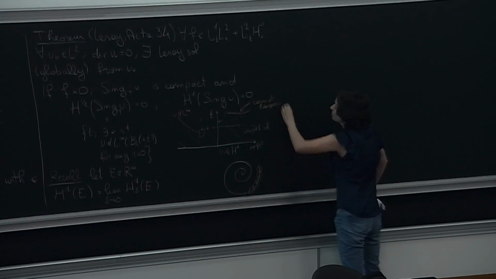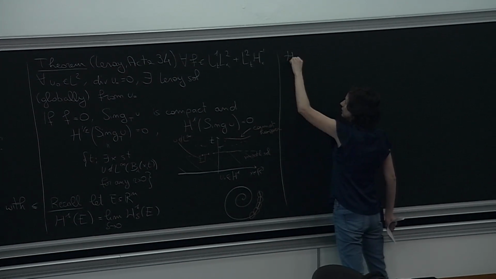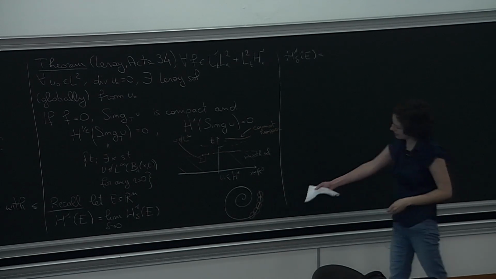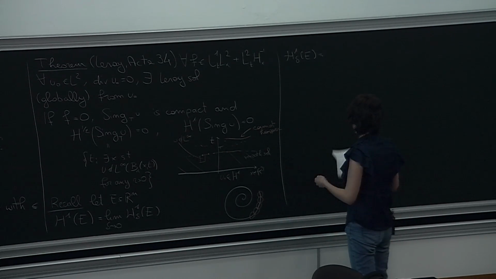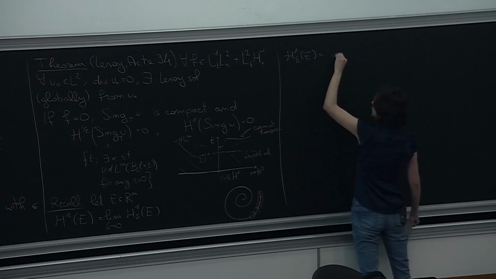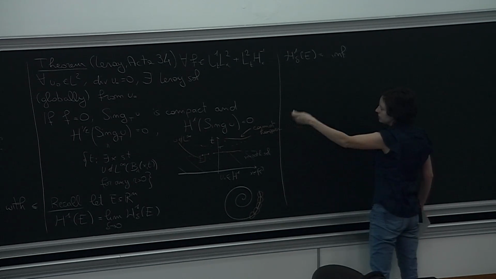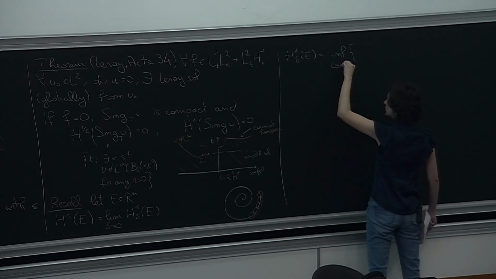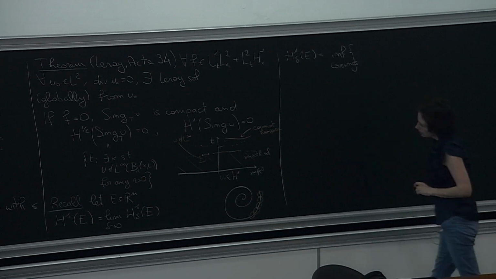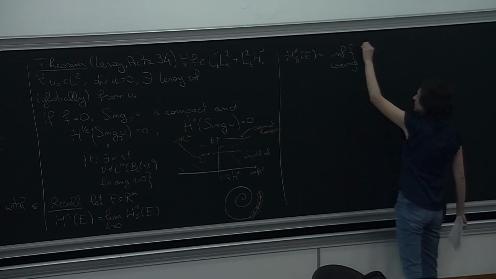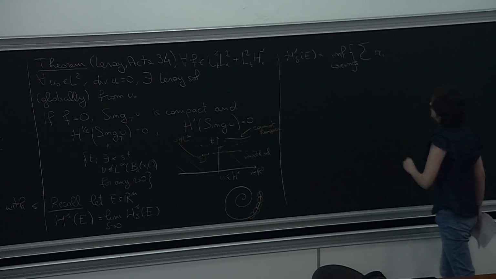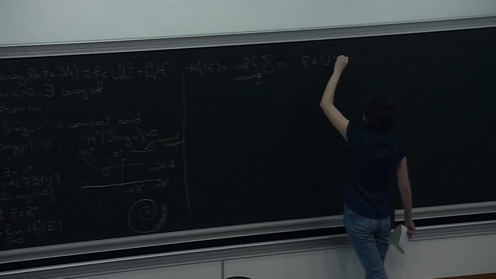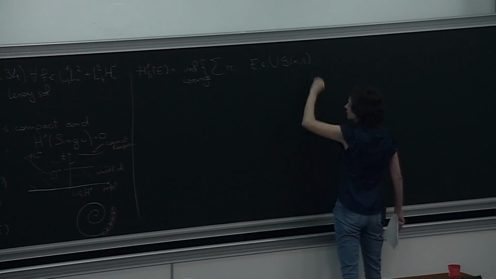The H1 delta of E. As I said, I take the set, I cover it with balls of radius less than delta, and I sum the radii, and then I can do it in many ways, and I take the minimum possible over all coverings of the sum of ri such that E is contained in the union of B(xi, ri).